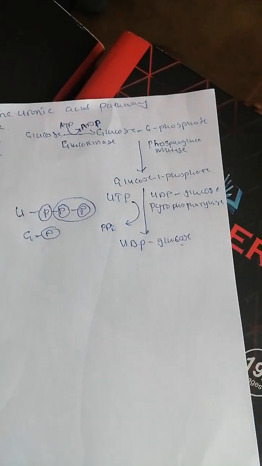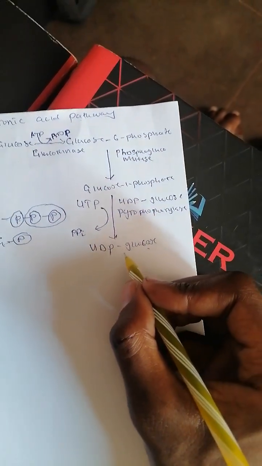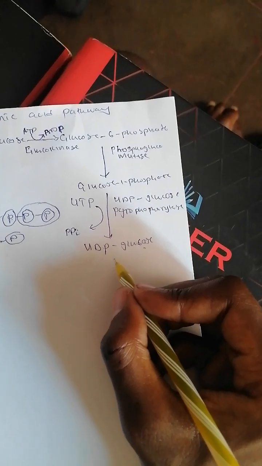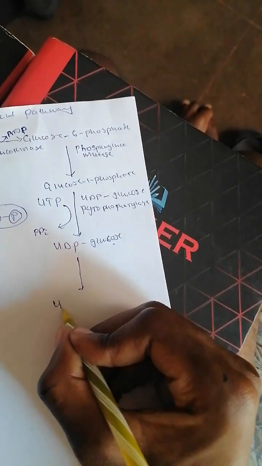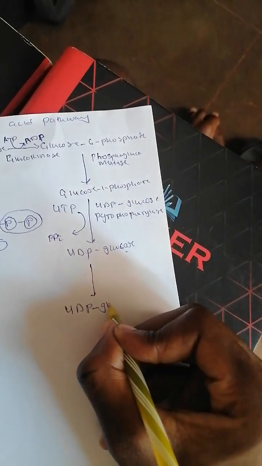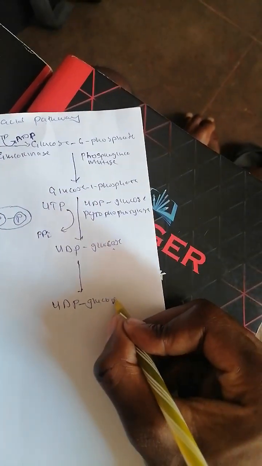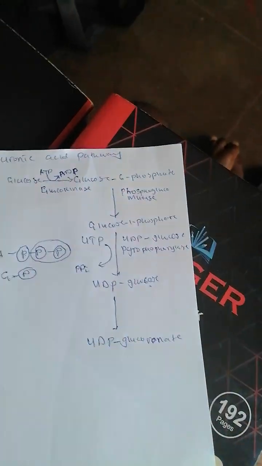Then what happens next is that the UDP glucose later becomes converted to UDP glucuronate. By what circumstances?